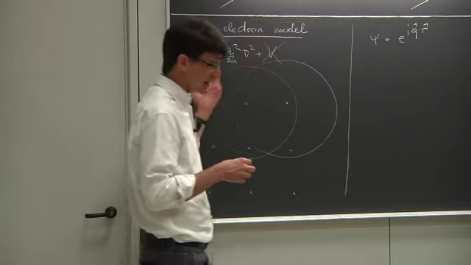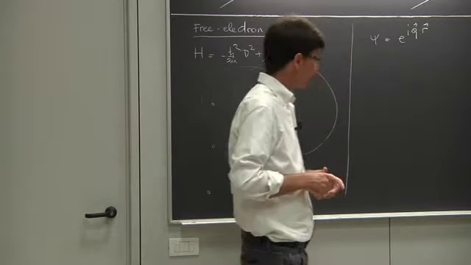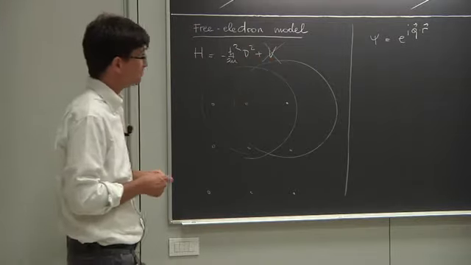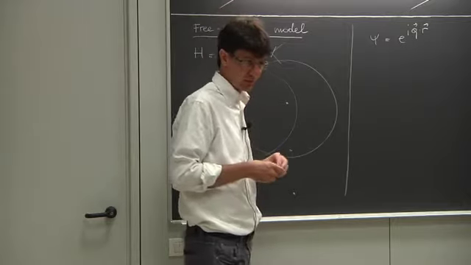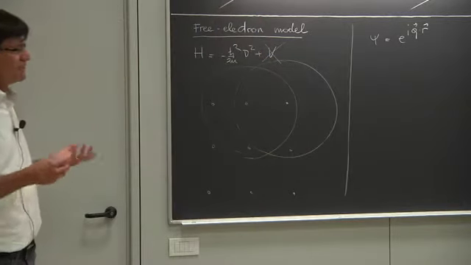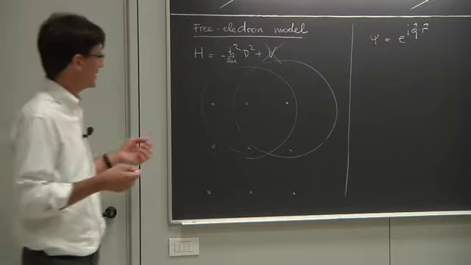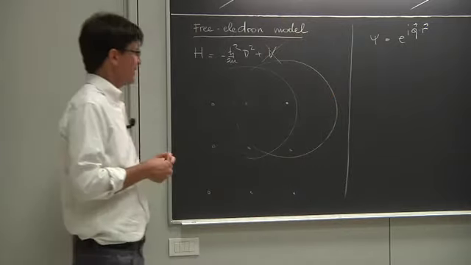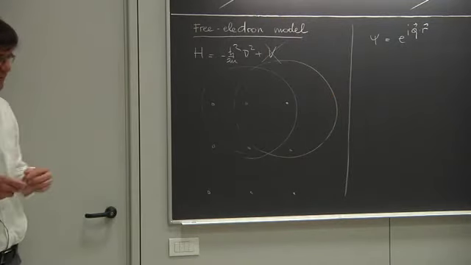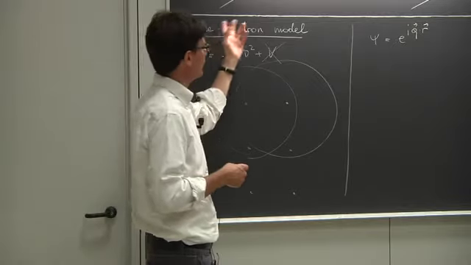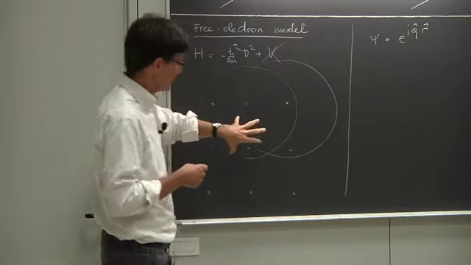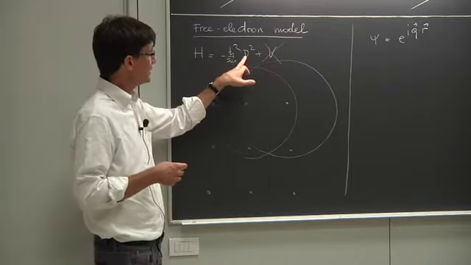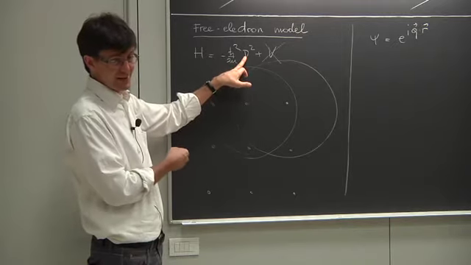For the time being, let me just take it as a very extreme case, very trivial to solve, because if V equals 0, we know the solutions to the problem. We know their energy. We know everything about the free electron problem. Now, in principle, the problem would be over, right? It's solved. We know the energies. We know the wave functions. In fact, we want to go a little bit beyond that. At some point, we will have to modify this model to introduce a little bit of V. In principle, this model doesn't even need to know that there is an underlying crystal, if you think about it.